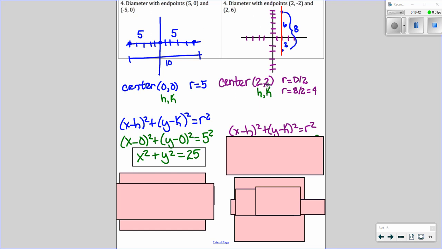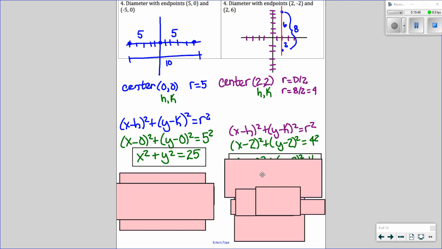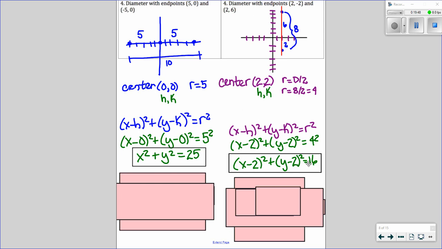Plug in the information. My h and k are the same, they're 2. And then my r is 4. I squared that, I got 16. And then I just left this as is. And there's my answer, the equation of the circle with these two endpoints. That circle has these two points sitting on it.